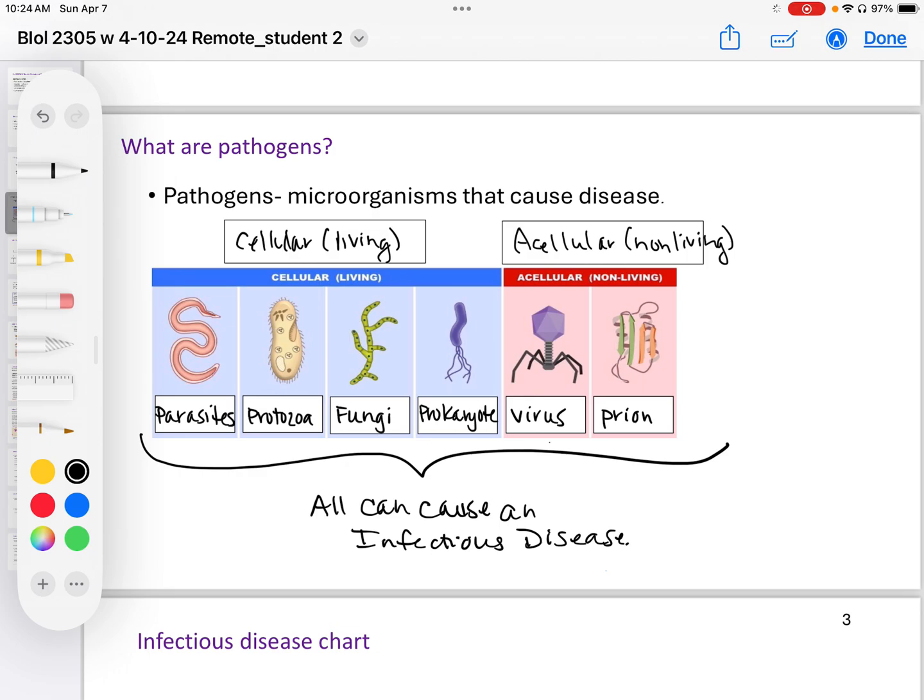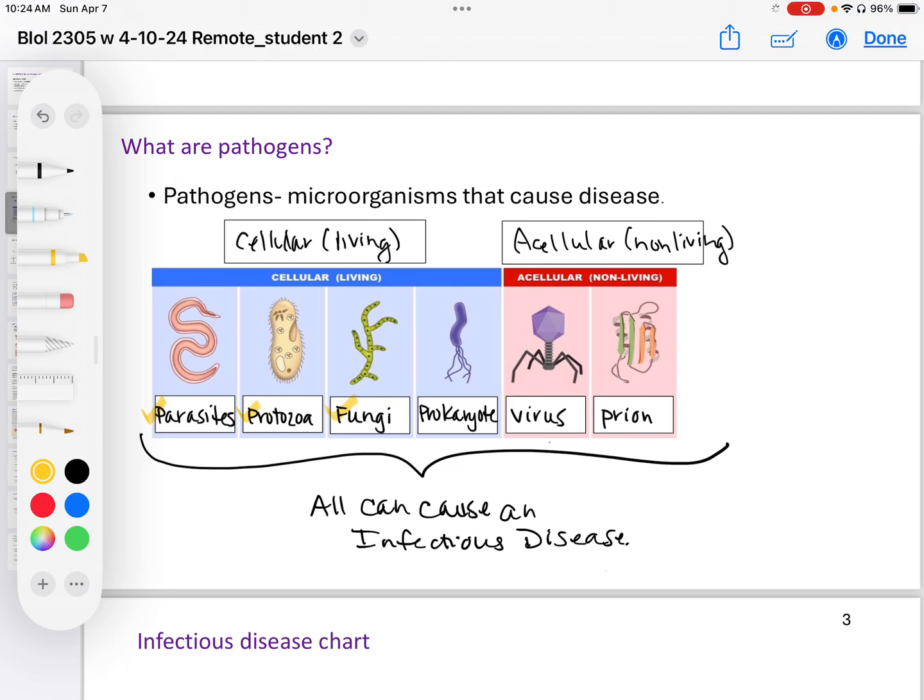The types of microbes that are going to be considered living are parasites. So parasites, for example, helminths. Helminths include tapeworms, so an example of a parasite would be tapeworms. Protozoa is another example of a living organism that can cause disease. One could be the Plasmodia organism that causes malaria. Then there's fungi.